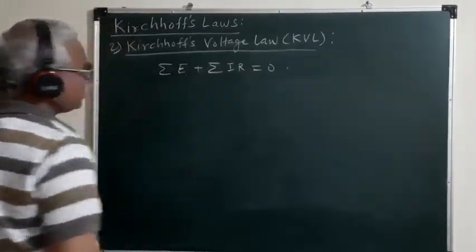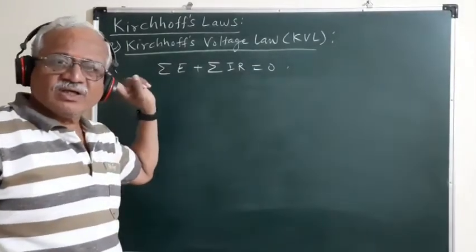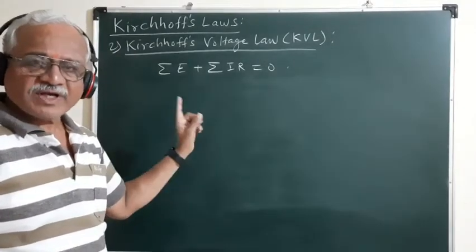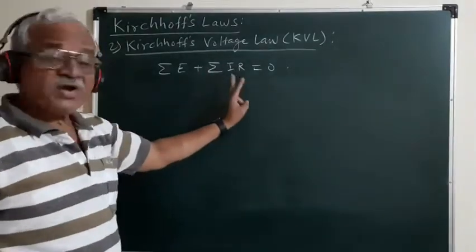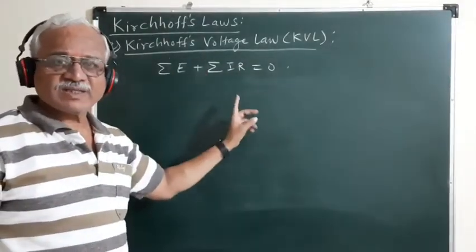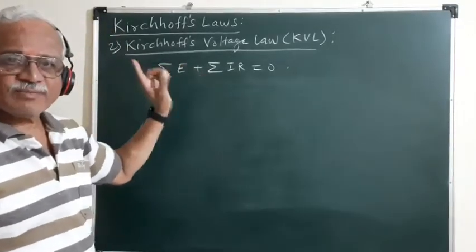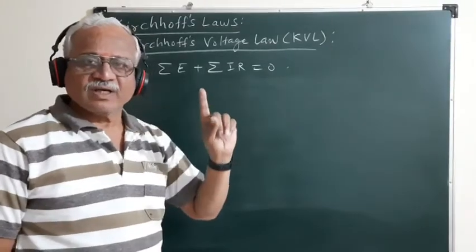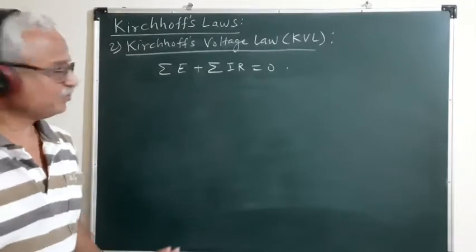This summation E represents the algebraic sum of the EMFs that appear in the given loop, and summation IR represents the sum of the products of the currents and the resistances in the different branches of that closed loop.